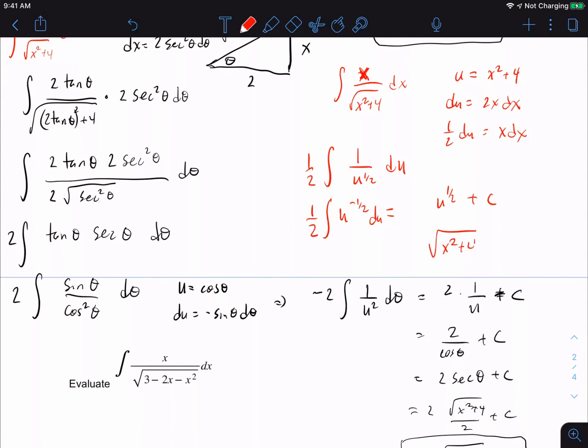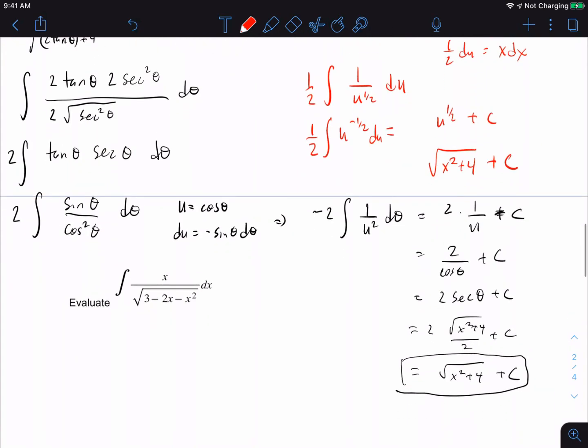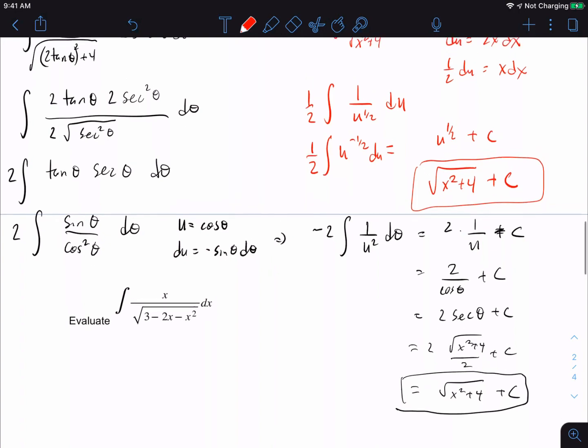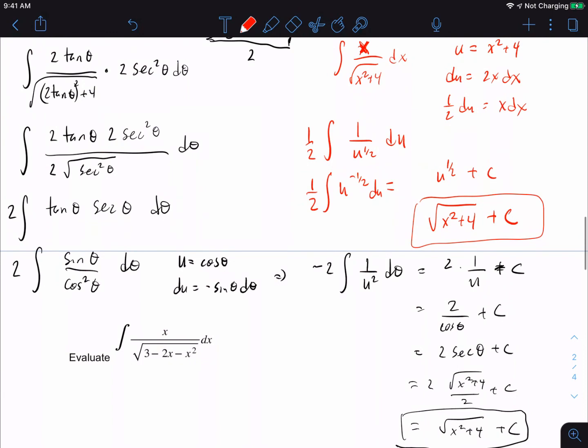The square root of x squared plus 4 plus some constant c. Trig substitution will work, but if there's an easier method, use the easier method. Make your life easy.